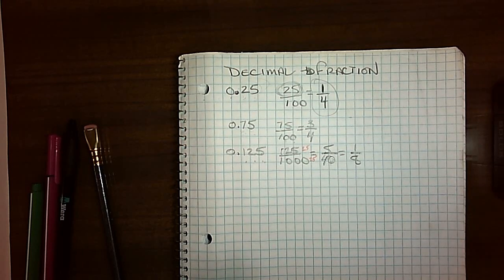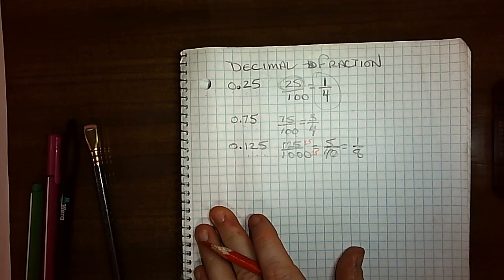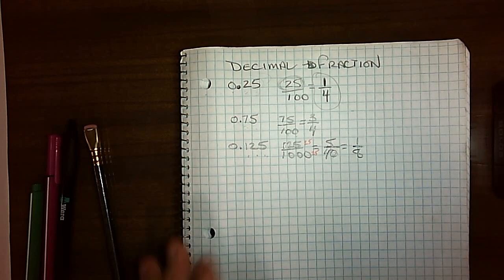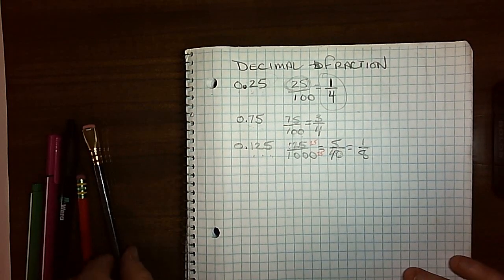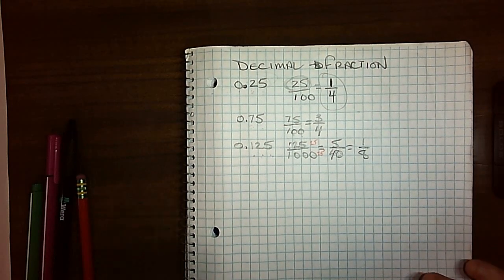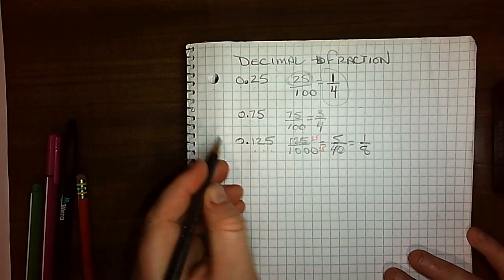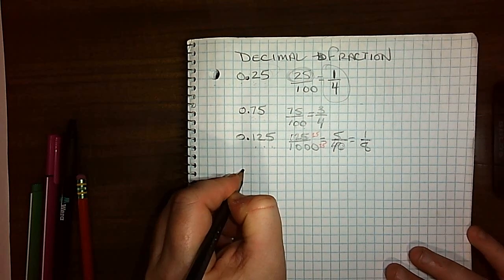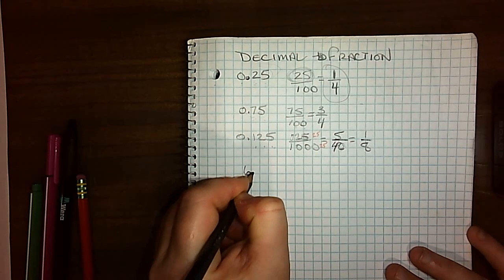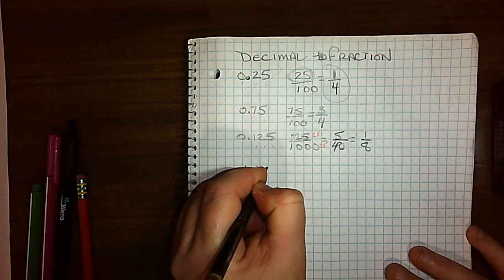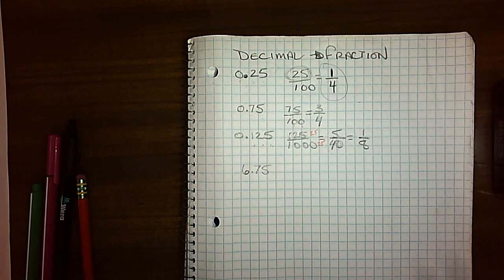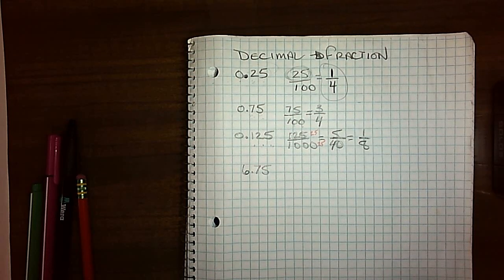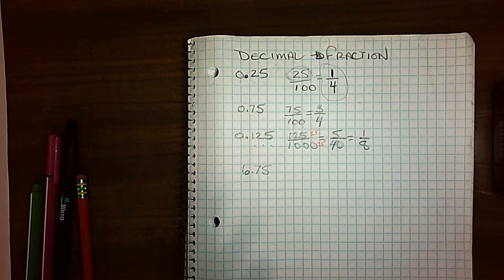Now, I don't know what the answer to this one's going to be. Here, let me try one with a whole number with you. So if I've got something like 6.75, I've got a whole number and a decimal. So turning this into a fraction, this is actually going to end up being a mixed fraction.